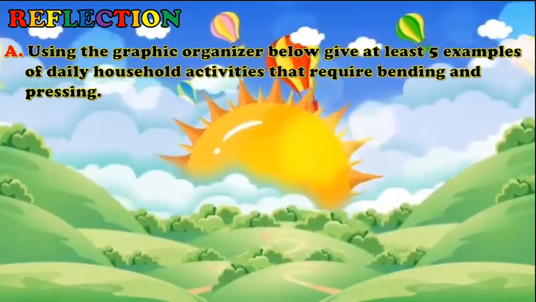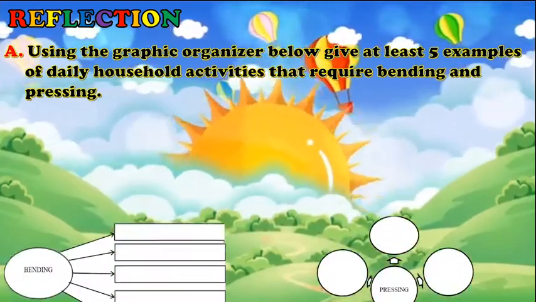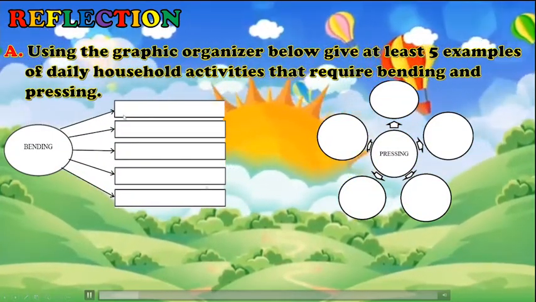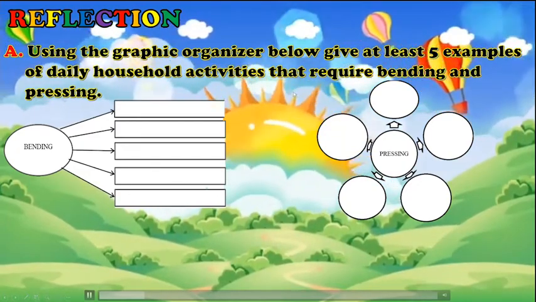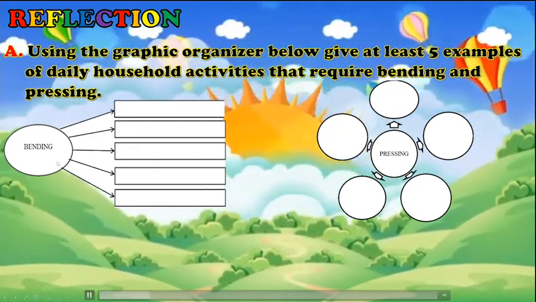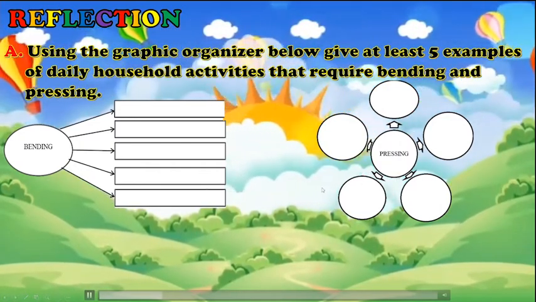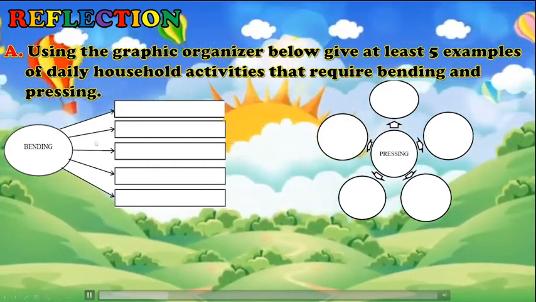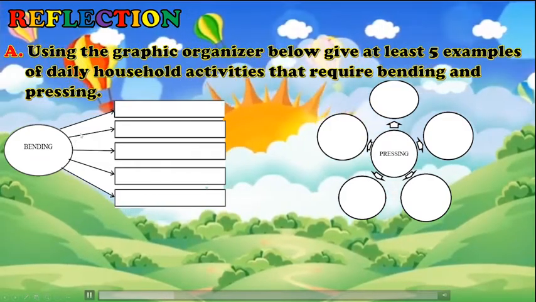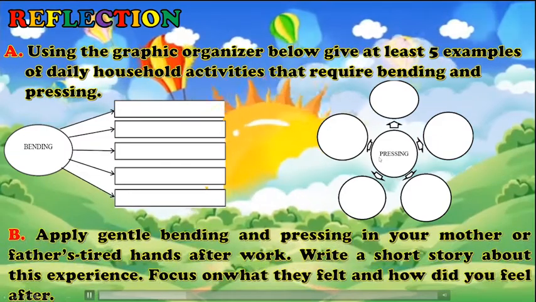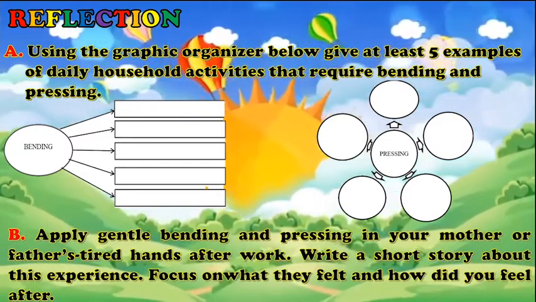In part A, you will write in the graphic organizer below at least 5 examples of daily household activities that require bending and pressing. You will write in the graphic organizer the household activities that require bending, and in this part, the household activities that require pressing.